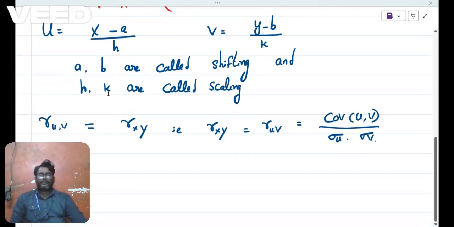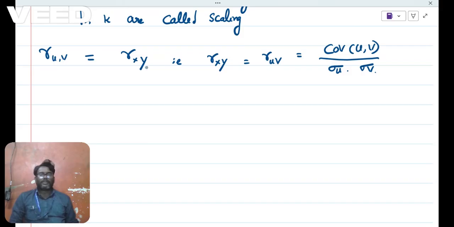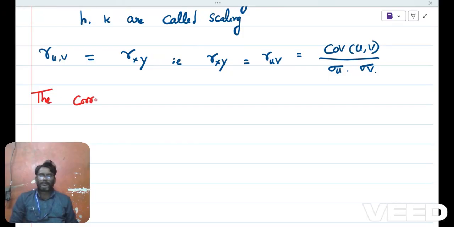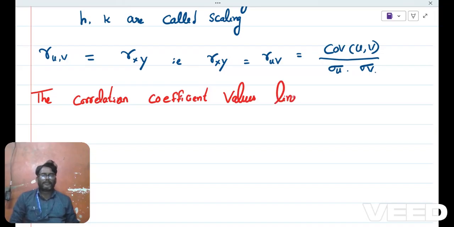Next, the correlation coefficient properties. The correlation coefficient value lies between minus 1 and plus 1.